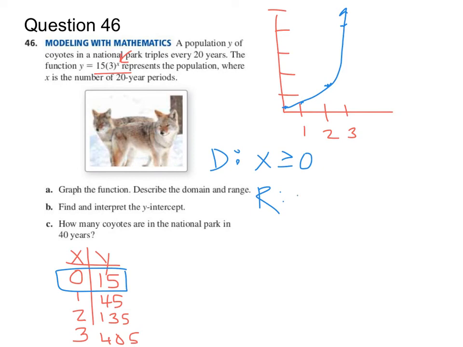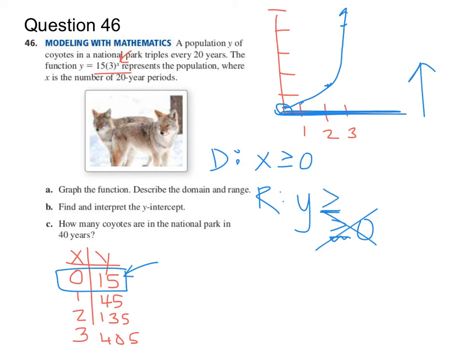See how it is only above the x-axis. You can never touch it. Remember that it gets closer and closer, but it won't touch it. But in this case, because I'm starting at 15, it's only going to get bigger from that.